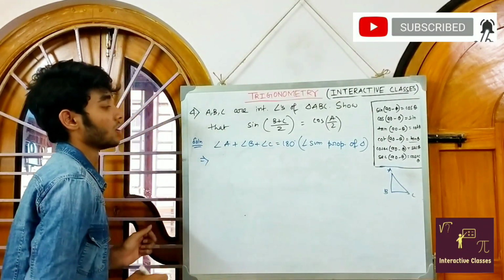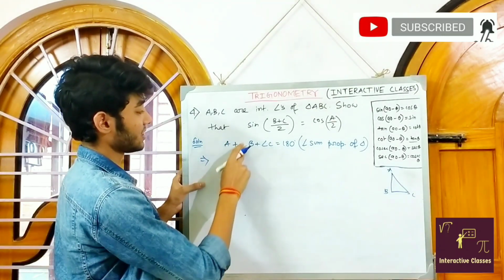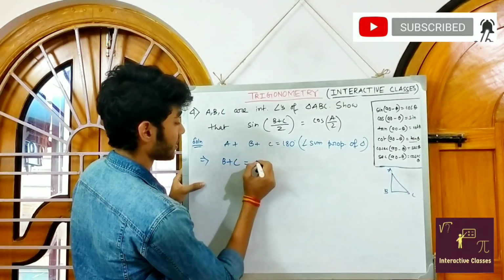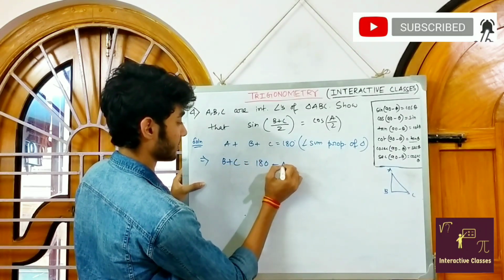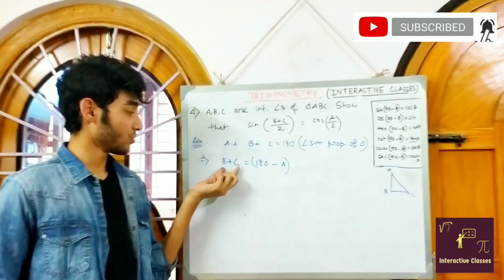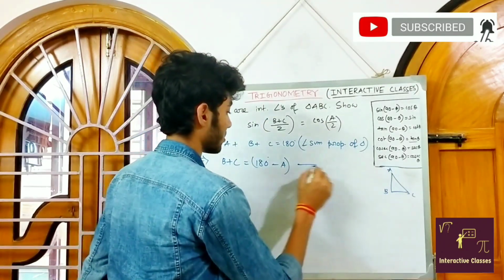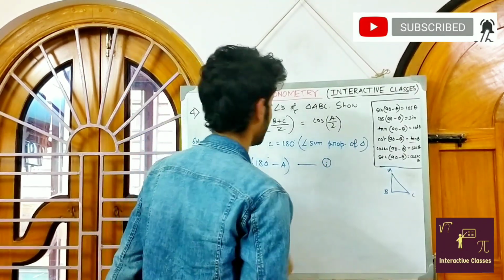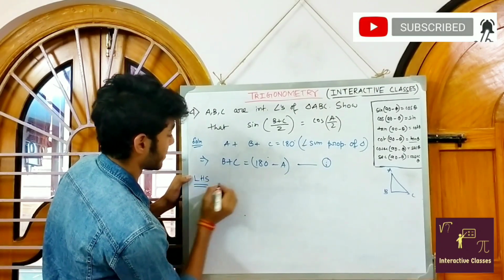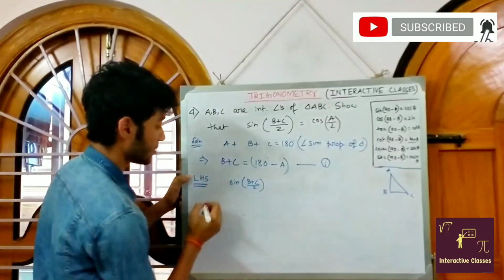So B plus C becomes 180 degree minus A. So we can find the value of B plus C is 180 degree minus A, and let it be 1. Now coming back to the proof, LHS sin B plus C by 2.